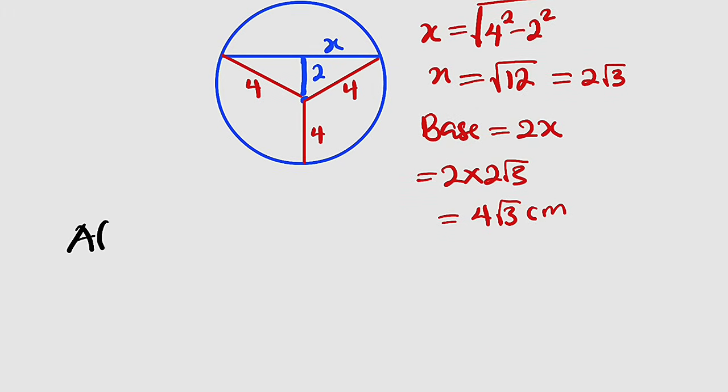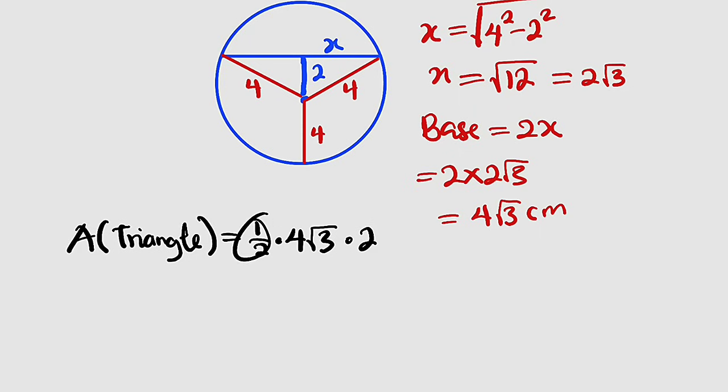So area of triangle will be equal to half the base, that is 4 root 3, times the height, which is 2. So you can see that half of 2 is 1, so everything here equals 4 root 3 meters squared, and hence this is said to be the area of the triangle.